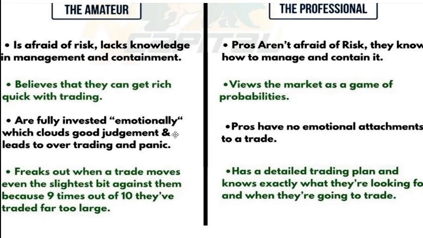Whenever the market goes in the opposite direction, they exit their trade even before reaching the stop loss. That's the main problem. Pro traders have no emotional attachment to a trade, because they know there is no need for emotions in trading, because trading is a game of probabilities, not emotions.